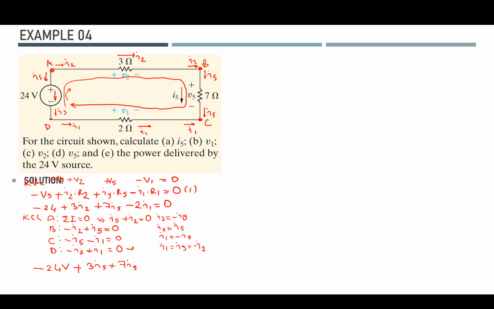If I substitute here, it's going to be plus 2I5, and that's going to be 0. Now, the only unknown is I5. I can solve this equation easily. Then I can find I5 as 24 over 12, which equals 2 amps.